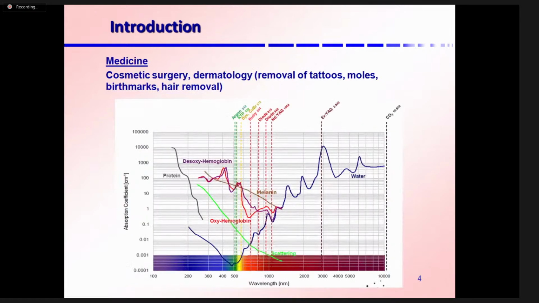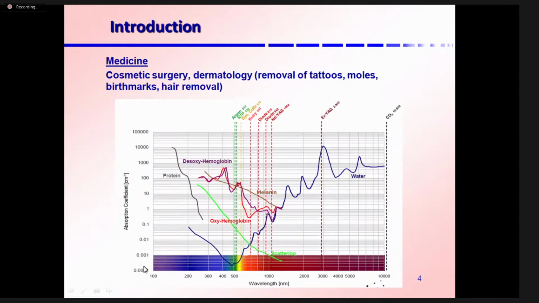Especially, we worked a little bit with some medical applications of visible lasers. For example, for cosmetic surgery, it is necessary to use lasers that work in the visible range, because we all know that water has low absorption in the visible range, but hemoglobin, melanin, oxyhemoglobin have some peaks here.